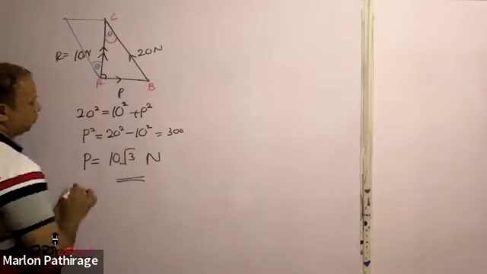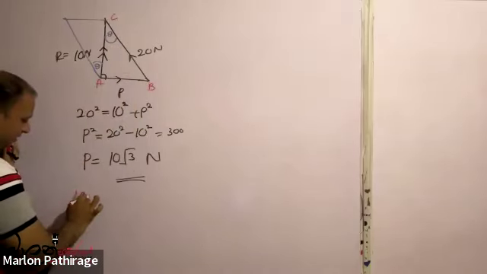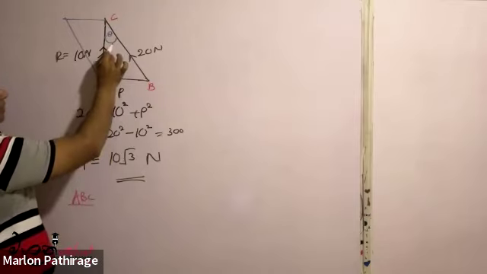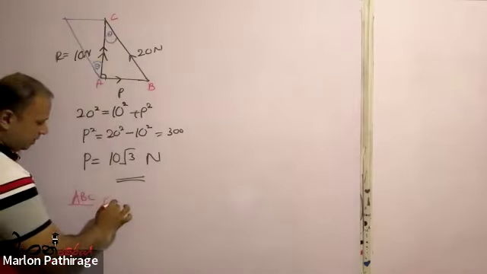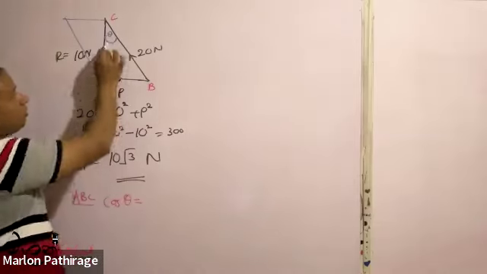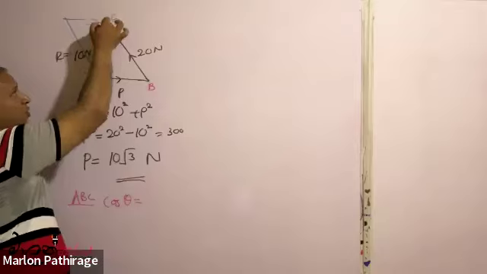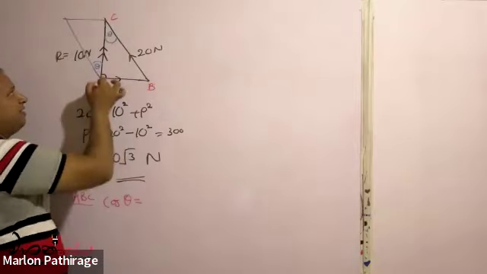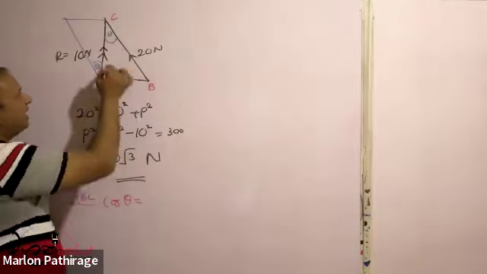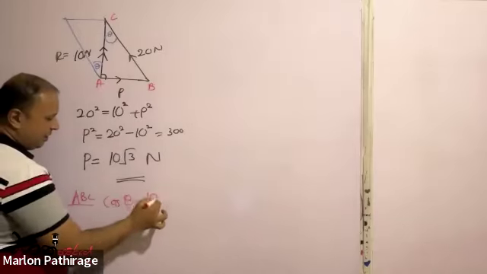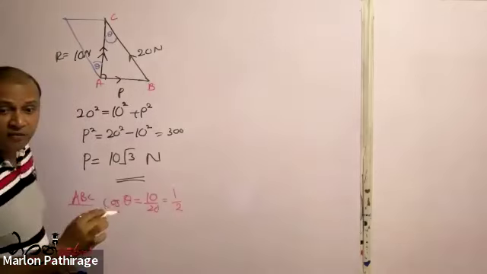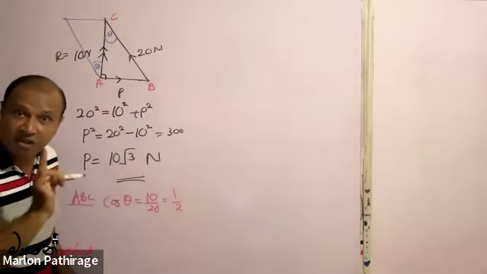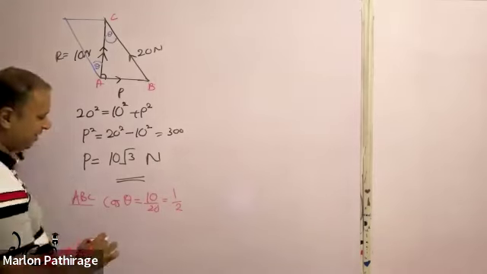Using ABC triangle, write an expression for cos theta. Cos theta should be equal to the adjacent side over the hypotenuse. Adjacent side is 10, hypotenuse is 20. That means half. If cos theta is half, theta should be 60.